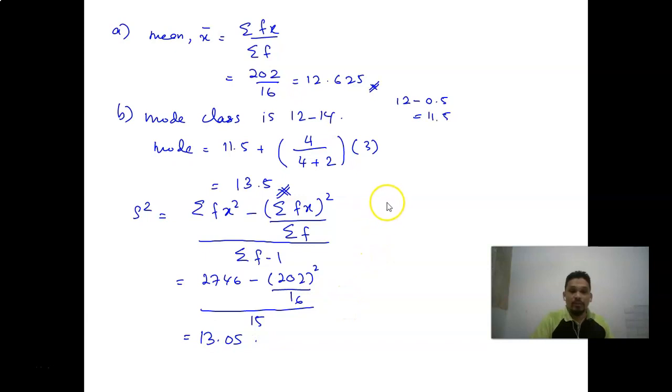So standard deviation s equal to square root of variance, which equals to square root of 13.05 equal to 3.612.